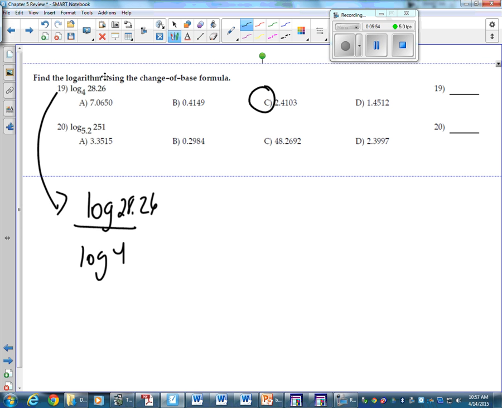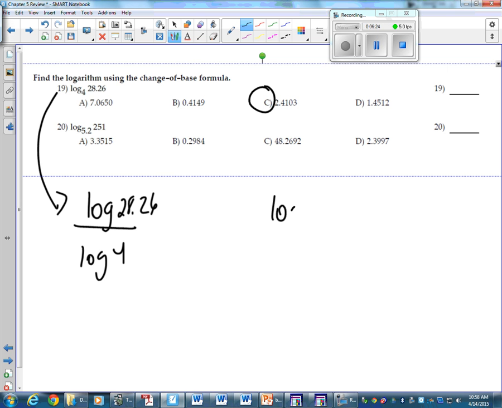Obviously, we've rounded, but if you think about 4 squared is 16, 4 cubed is 64, since I'm looking for 28.26, it's somewhere between 4 squared and 4 cubed. Same thing here. If I think about what power of 5 would equal 251, I could probably get pretty close, because 5 squared is 25, 5 cubed is 125, 5 to the 4th is around 625. So if I had to guess before doing this problem, I would say A, but let me try it.